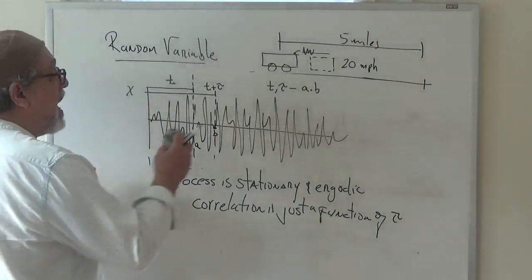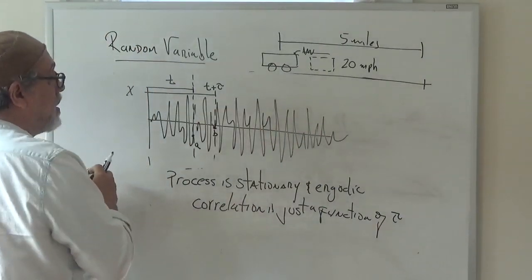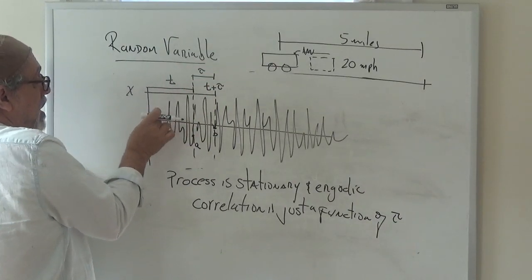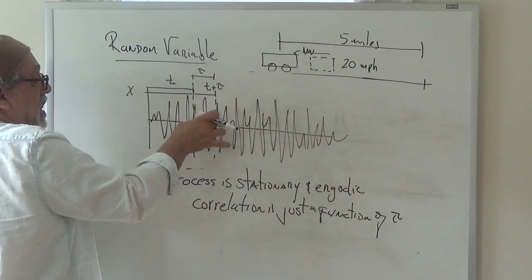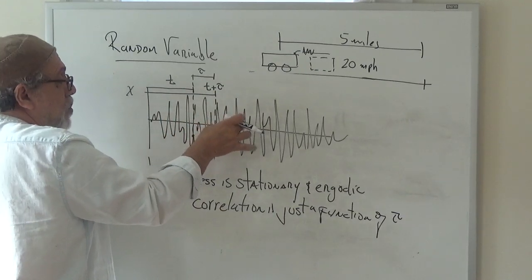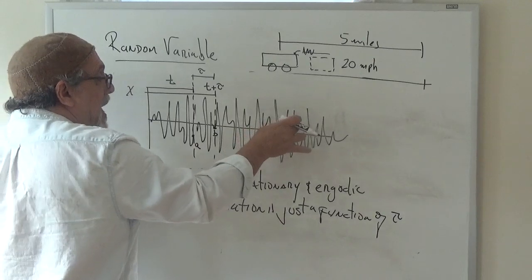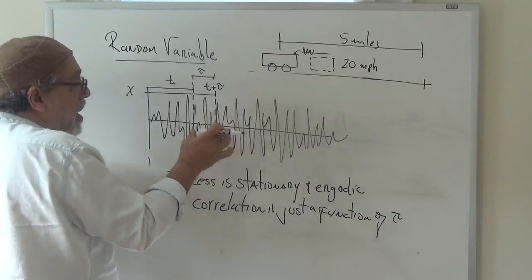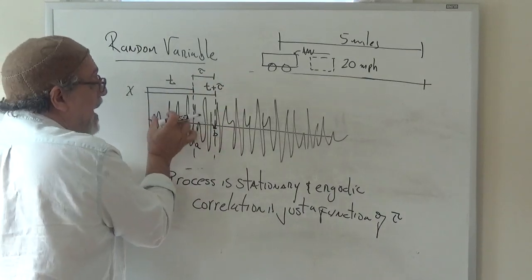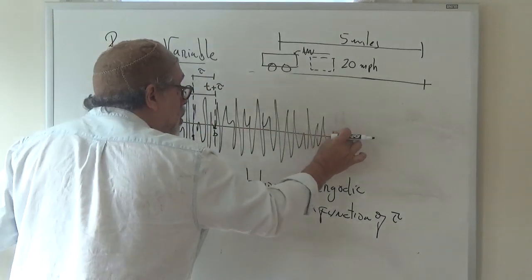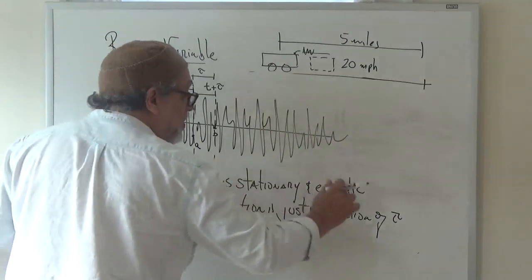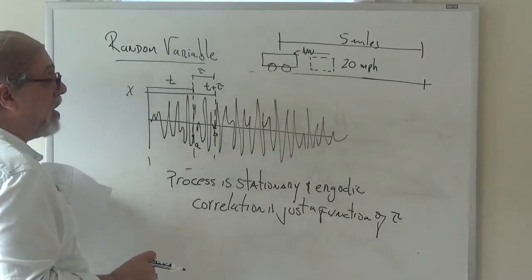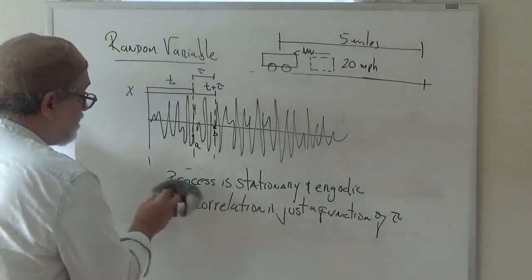So take any tau you want. Let's say that is a tau. And then move along, move along, and every time, as you move along, you're getting pairs which are separated by tau. Average all those multiplications out, and that's going to be the correlation with lag tau, when the values are tau apart.